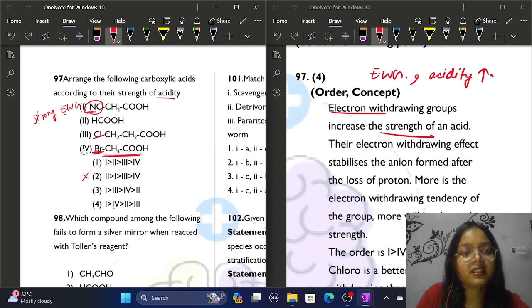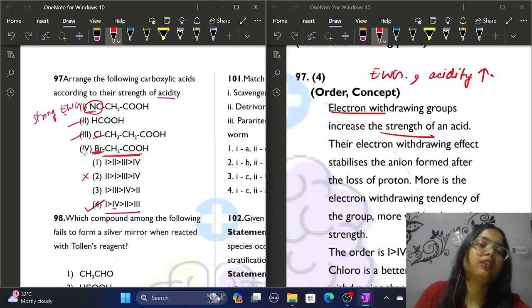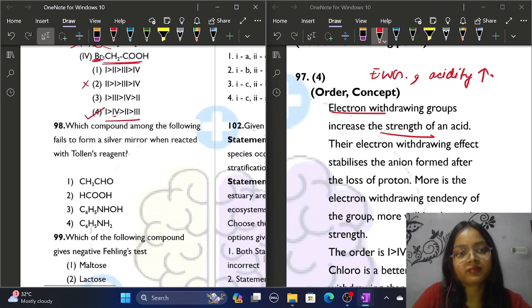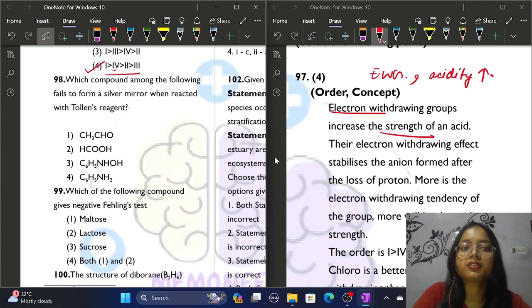So 4 will be there, then option 2 and then option 3, so option number 4 will be the correct trend. Option number 3 is at last. Why is it so? Because the chlorine atom is present at a much larger distance, so it will be less acidic, and the COOH group will be more acidic than the chlorine one. Option 4 will be the correct option.